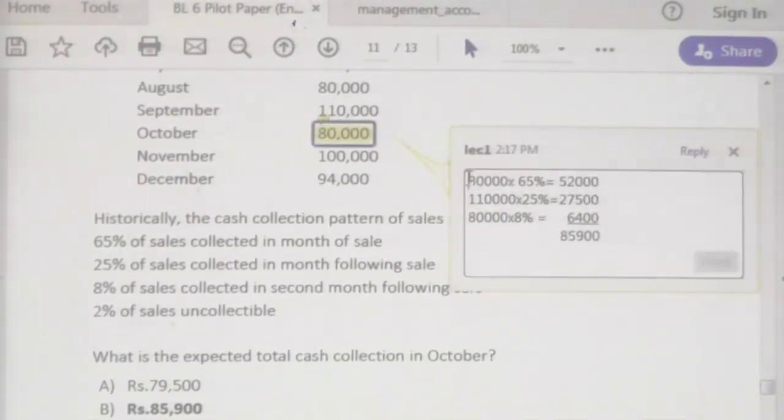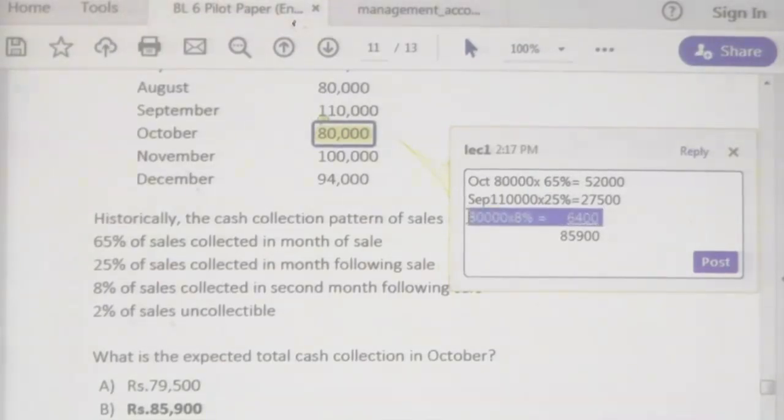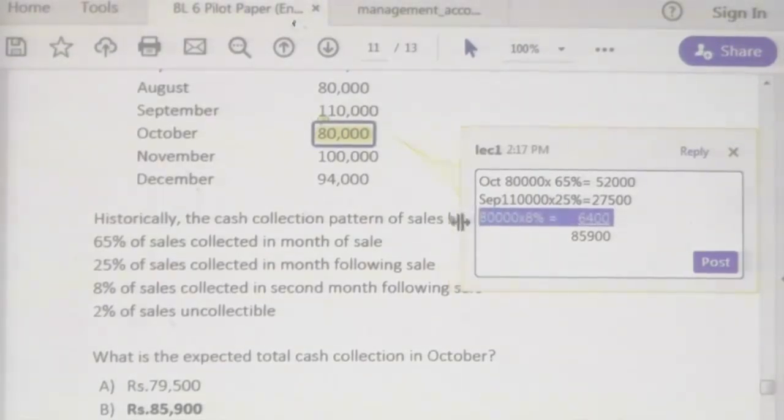Therefore, total collection in October, 85,900. 65% can be collected from October itself, then 25% can be collected from the previous month, that is from September, then another 8% can be collected after 2 months. Therefore, in October you can collect 2 months ago sales, that is from August.